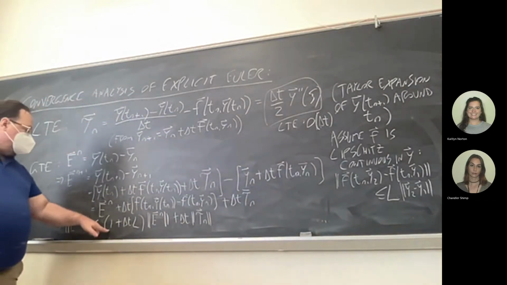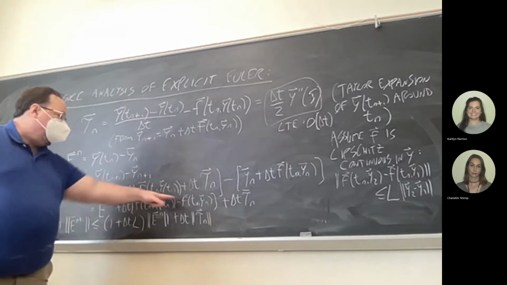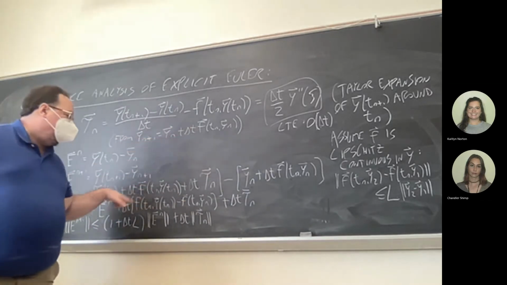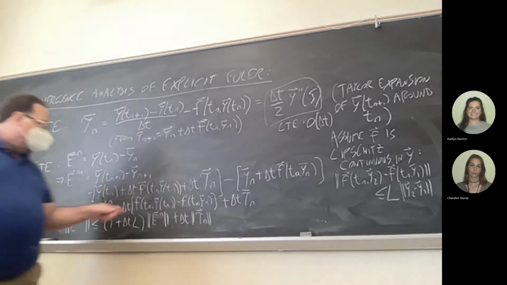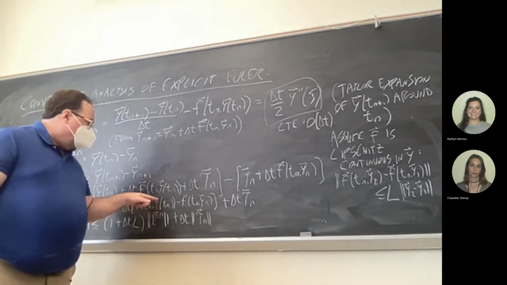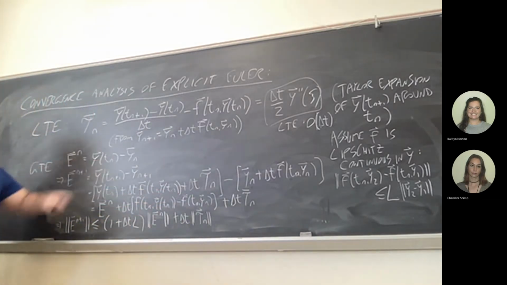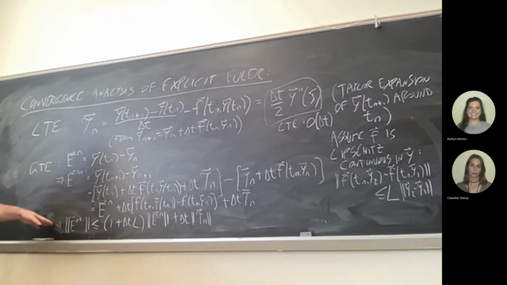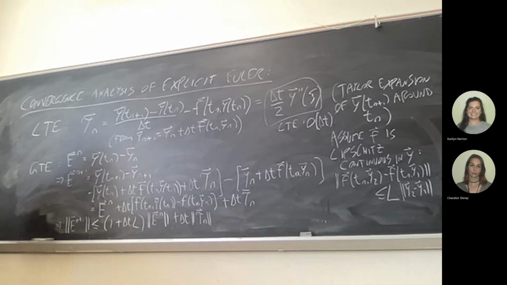So the 1 comes from this, and the delta t L comes from the Lipschitz condition applied to this difference of f values. And the difference of y values is just E_n. So now we have a recurrence relation, as simple as we can get, between the global error at time t_{n+1} and global error at time t_n.